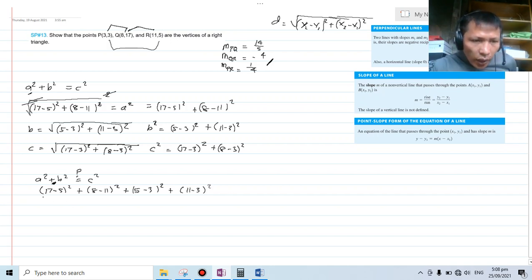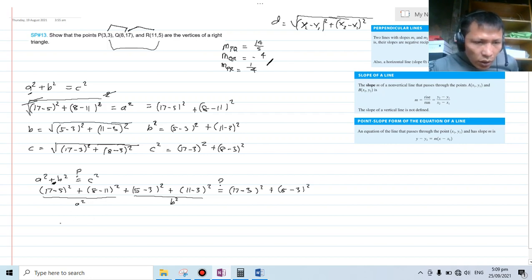This is A squared and this is B squared, which should equal C squared, 17 minus 3, squared, plus 8 minus 3, squared.